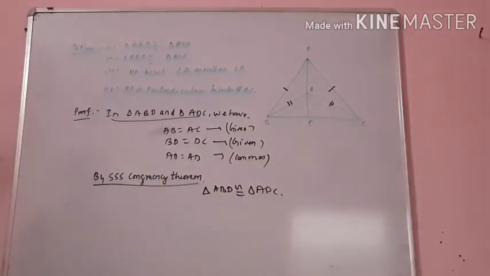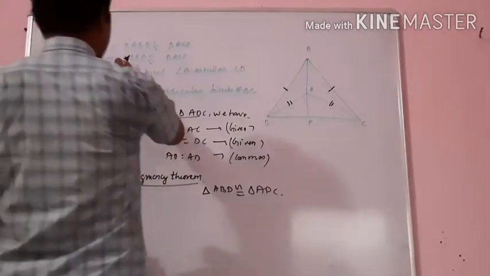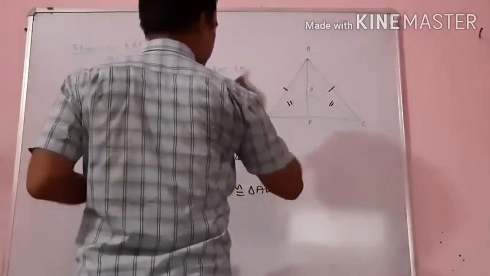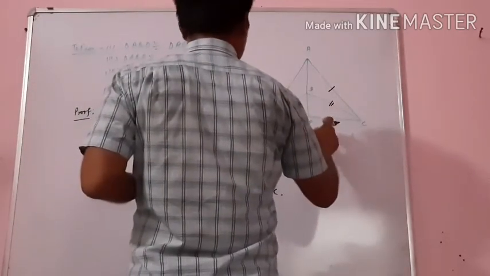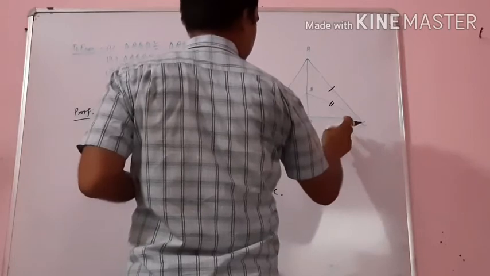So the first part we have proved. Now we have to see ABP and ACP.